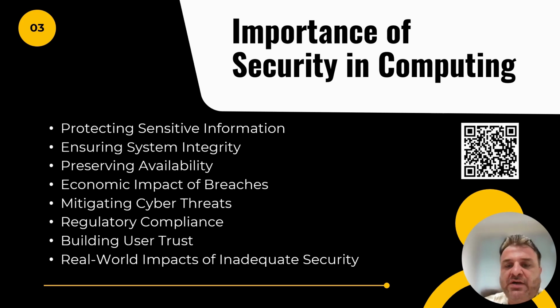So we need to protect our system against attacks like DoS or DDoS, denial of service or distributed denial of service attacks. We need to ensure that our system is up and accessible to authorized users anytime they want.